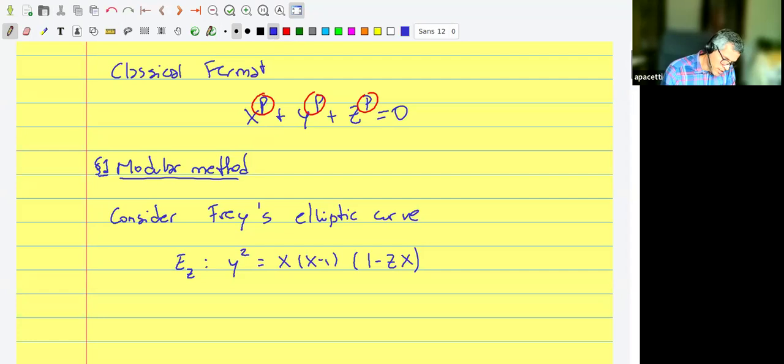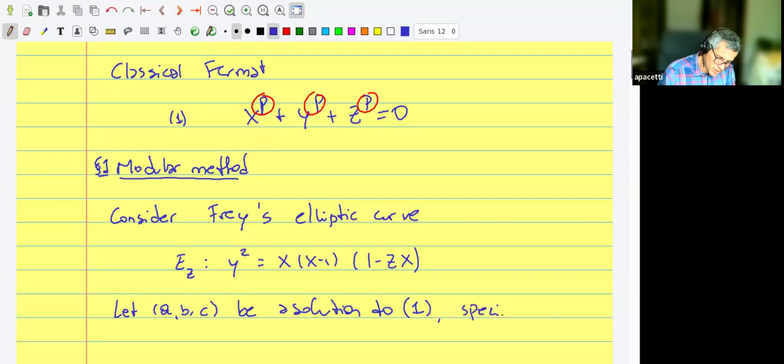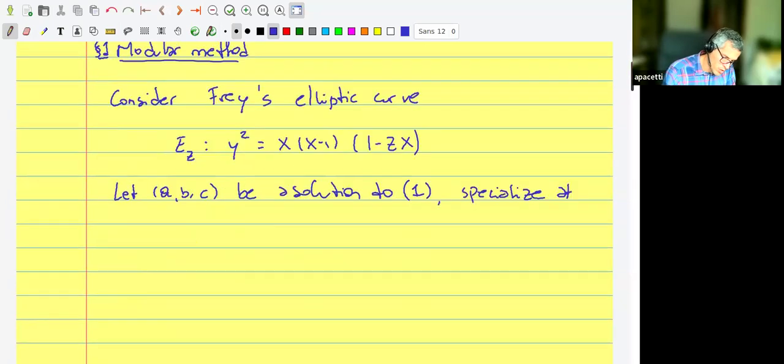And then you say, let's start with the solution. So let (a, b, c) be a solution to the equation, let's call it 1. And then what you do is you specialize at a point which does depend on the solution, which is minus a to the p divided by c to the p, and that's more or less what you want up to twist.